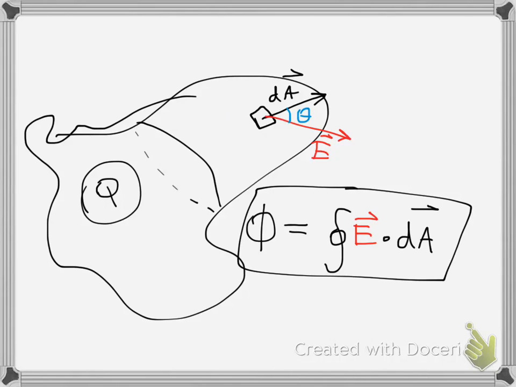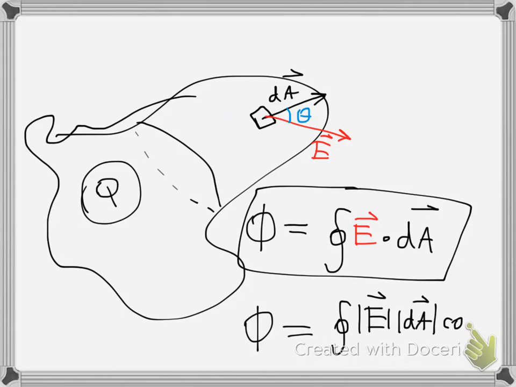And remember, we can also rewrite this as phi equals the surface integral over the whole surface of the magnitude of the electric field times the magnitude of the little area element times the cosine of the angle between them. So that's that theta.